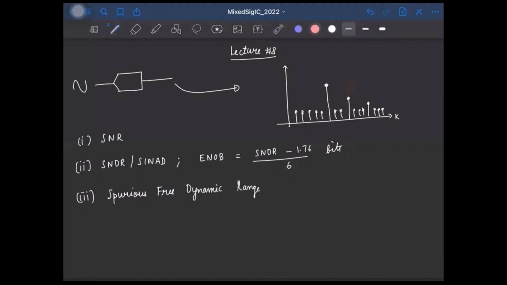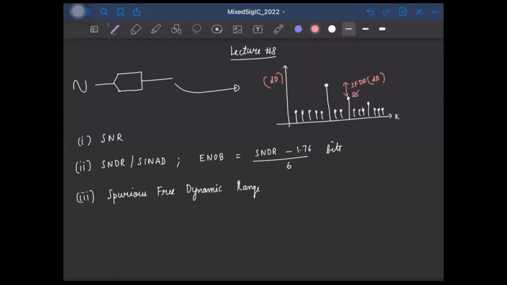So let's say this is plotted in dB scale. So this is my highest spurious tone, right? And this directly gives me my SFDR in dB. Okay. So in this particular example, the spurious tone is the harmonic of the input signal.